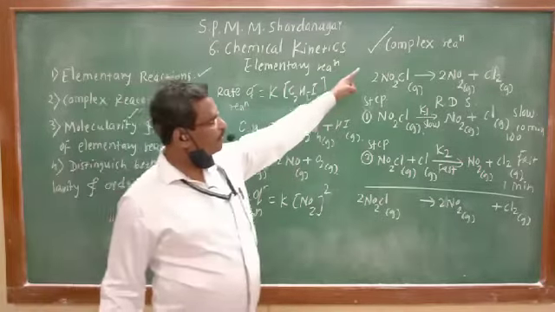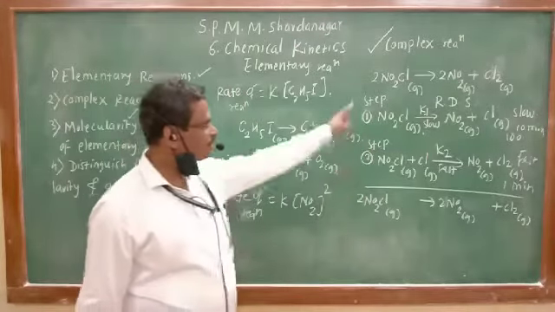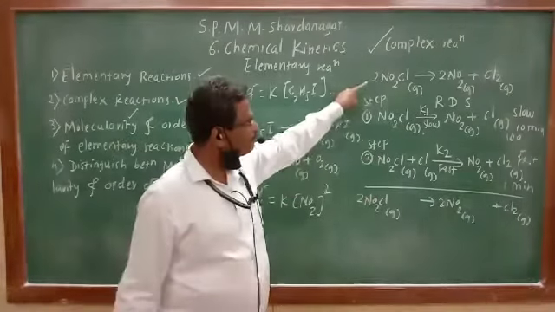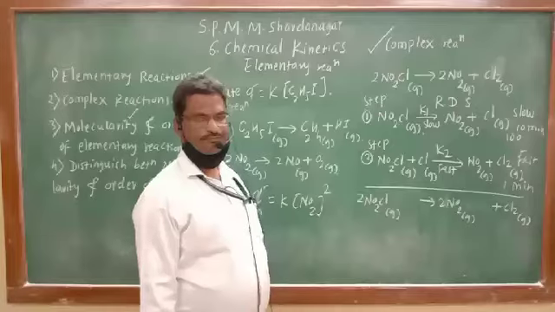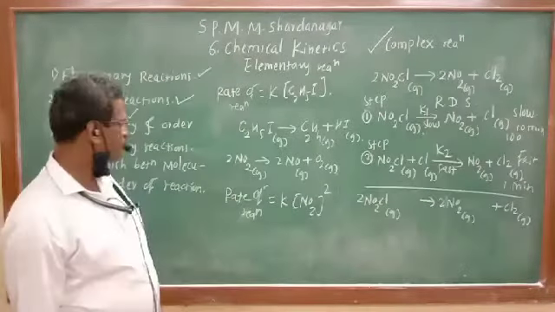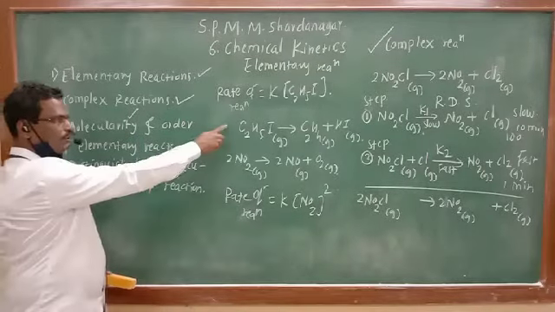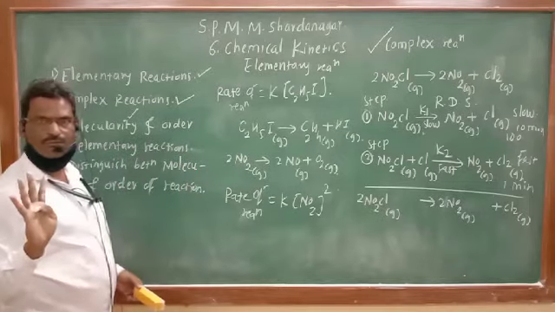This is the complex reaction. See, what is the molecularity of this reaction? 2. 2 molecules are involved. But see, order of that complex reaction. For elementary reaction, molecularity and order are equal.